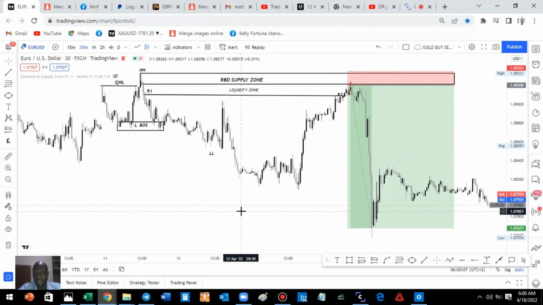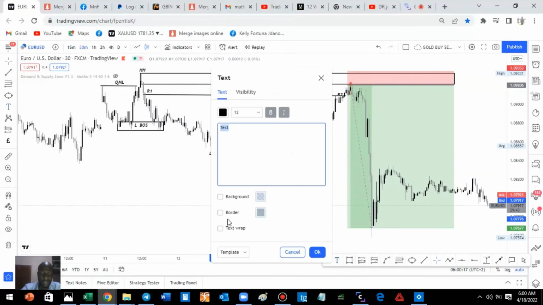It's not about being greedy, it's about extracting the maximum potential from a trade setup. So this was a beautiful trade. This was an extremely beautiful trade.